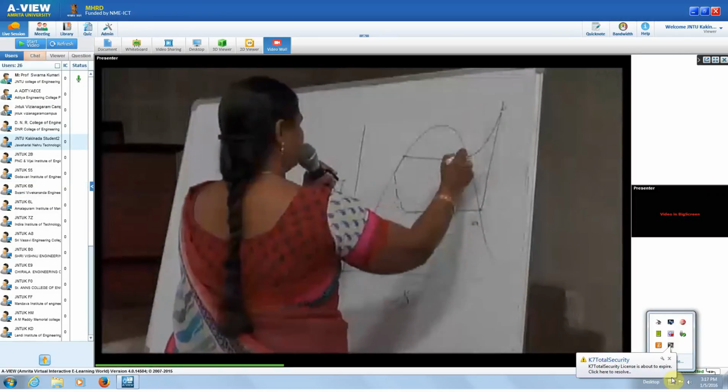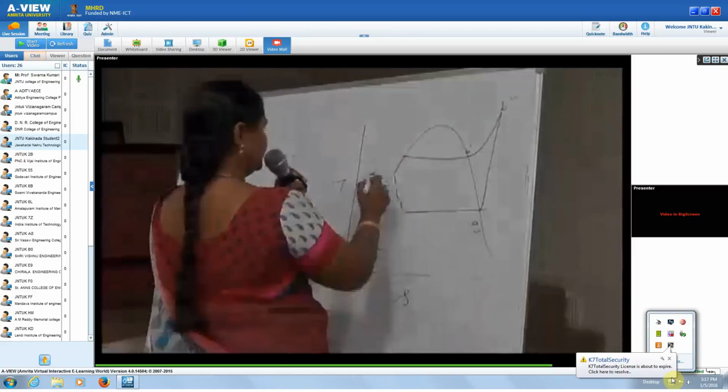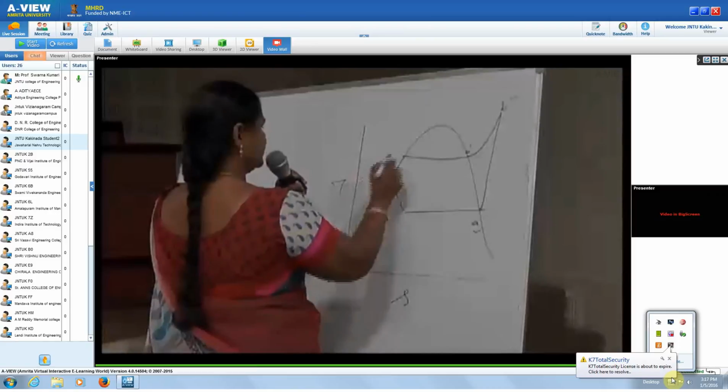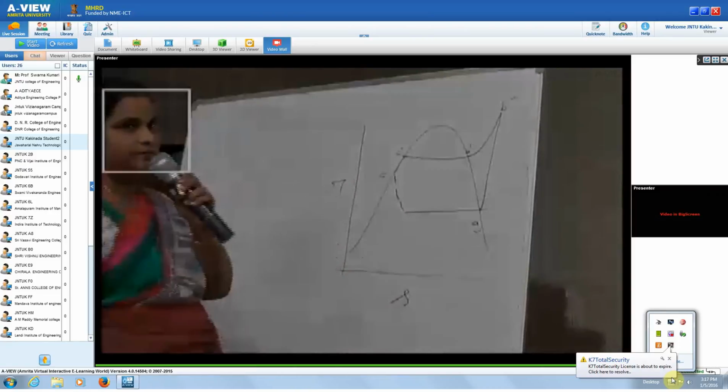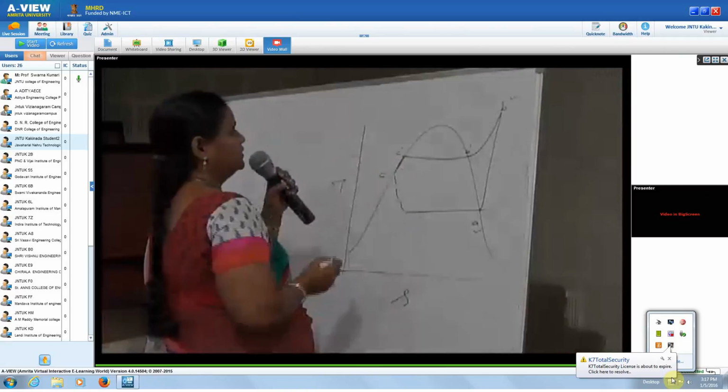So this is B, this is B dash. This is important for us, A, then C. This should be C, and somewhere it should be C dash. So this curve is missing in the figure here.